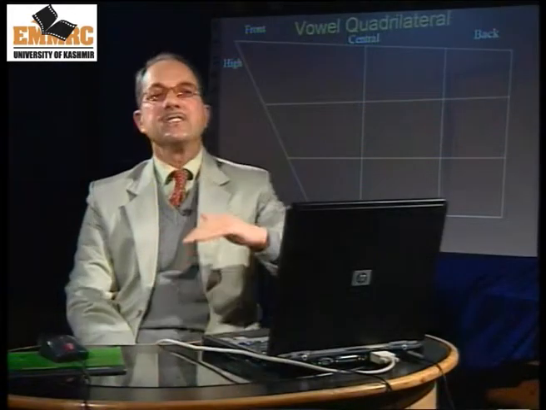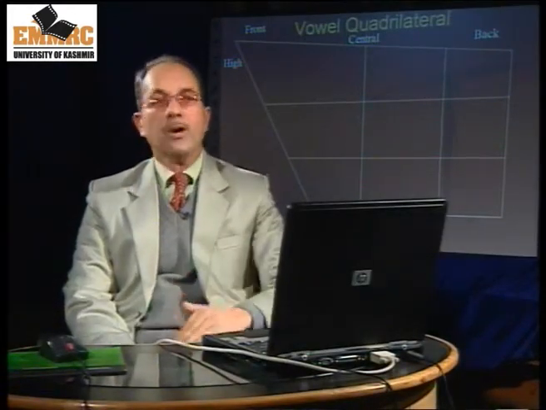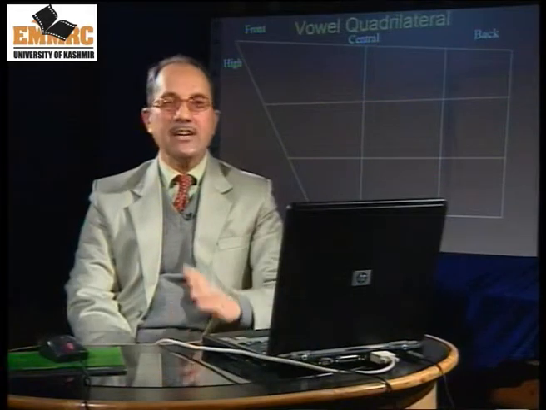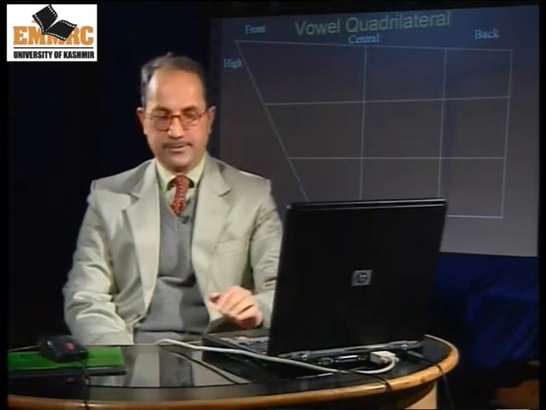Before that, if you remember, when we talked about cardinal vowels, I told you that the tongue position is either high towards the roof of the mouth, or it is low in the jaw when the oral cavity is wide open.